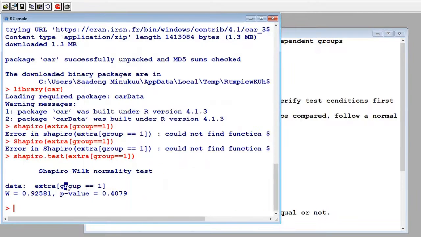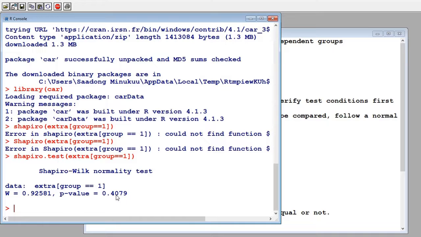It has actually performed the Shapiro test, and it has given us a p-value of 0.4. The null hypothesis for the Shapiro test is that the sample follows a Gaussian or normal distribution. The alternative hypothesis is that it doesn't.